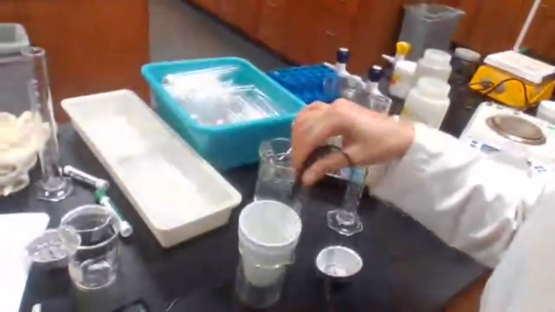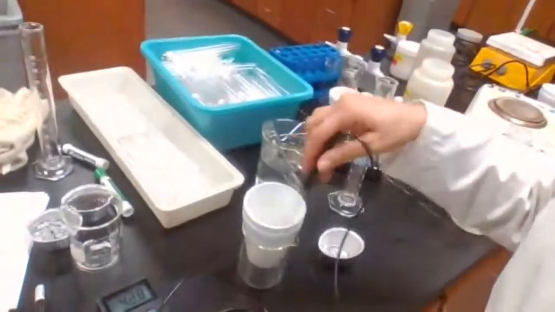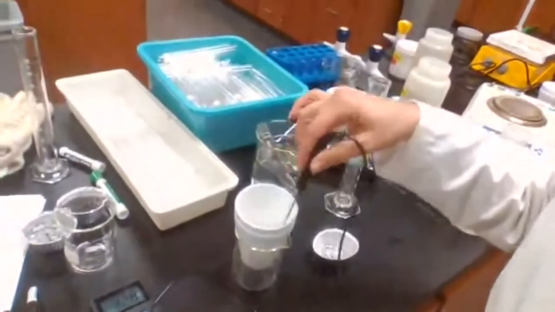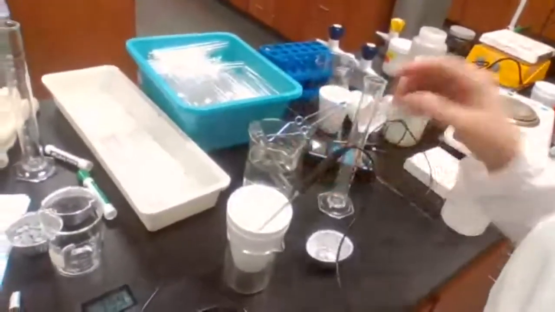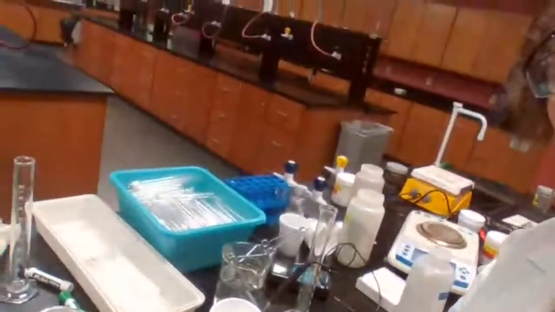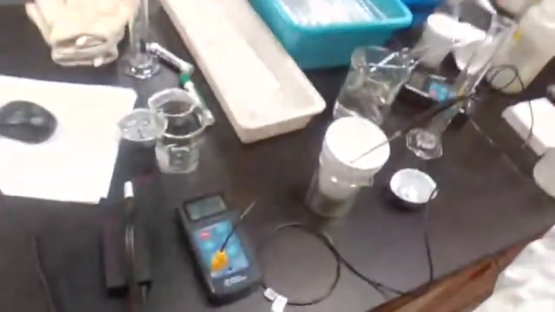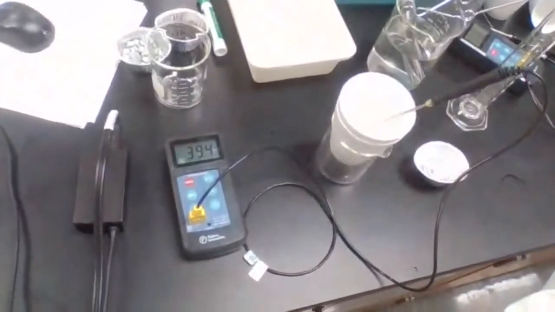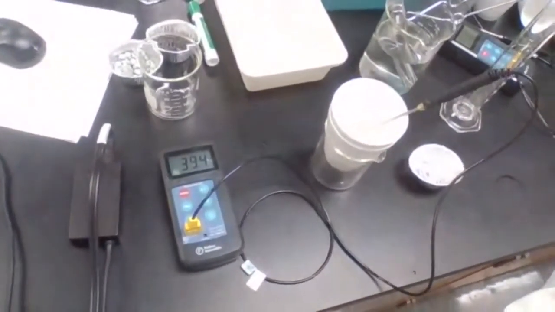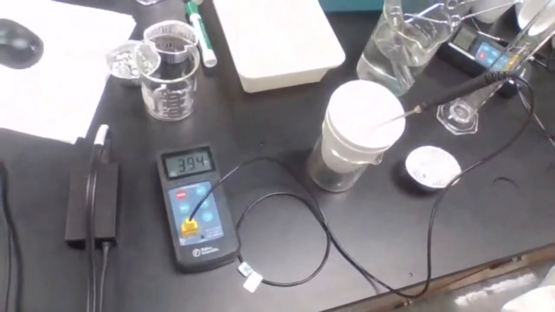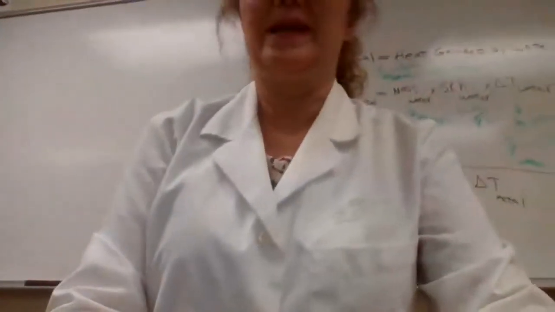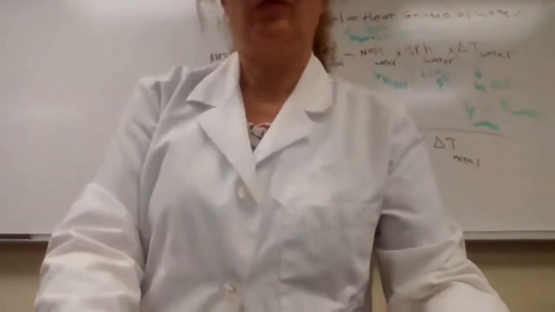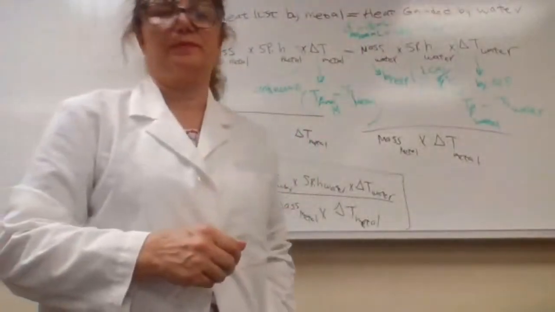That temperature increase is coming from this reaction. What type of reaction is this, exo or endo? This is the exothermic reaction because the temperature went up. The final temperature that is stable at this point is 39.4. That was the highest temperature, and you record that as 39.4. This is just for the calcium chloride.